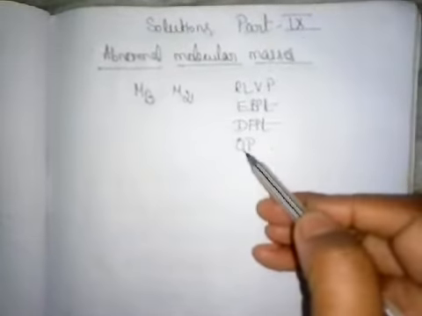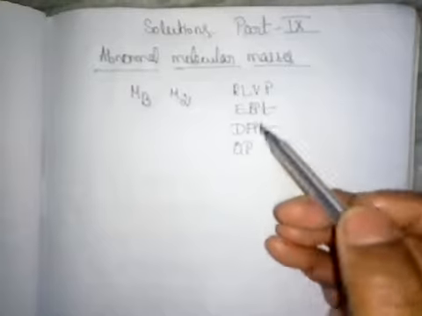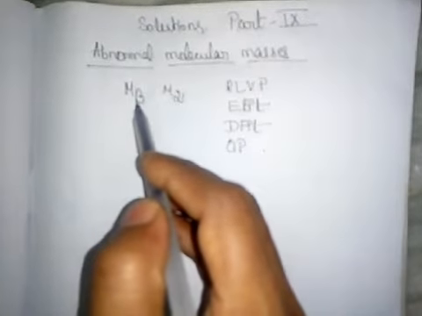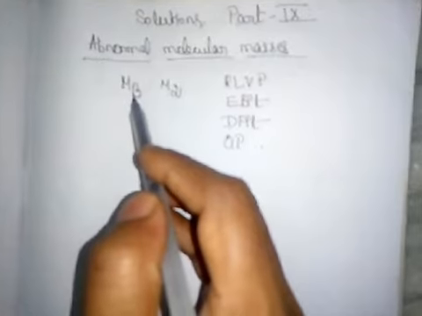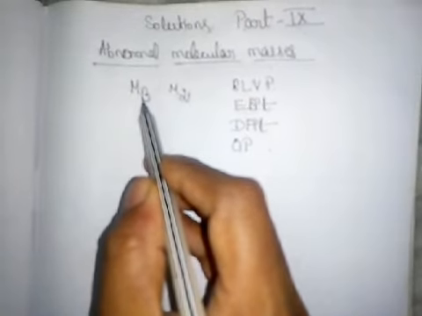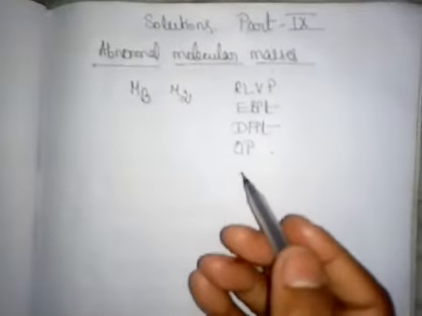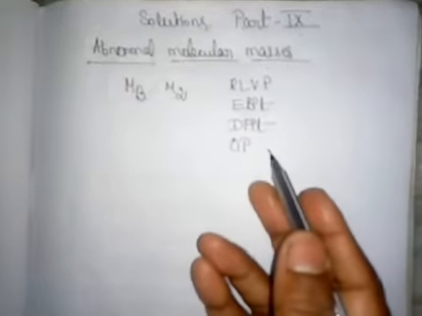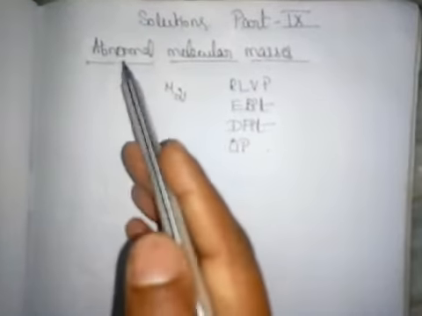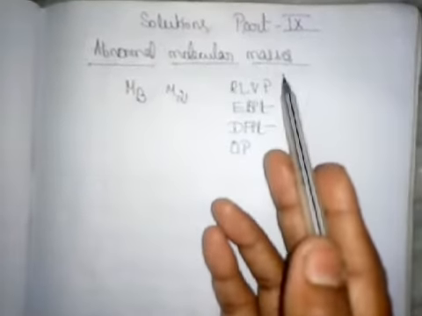Now, using these colligative properties, if the calculated molecular mass, that is the experimental molecular mass, is differing with the theoretical molecular mass, then that solute is said to show abnormal molecular masses.